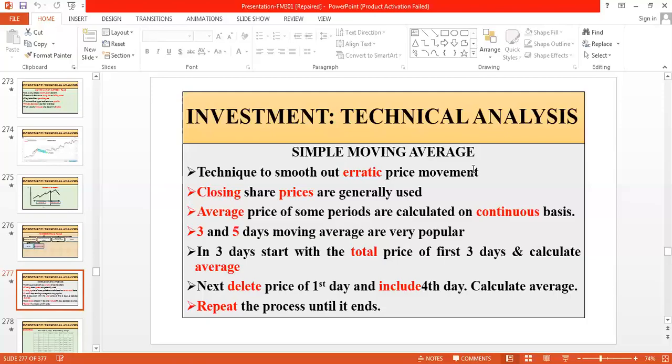That means you will check the price of the second day, third day, and fourth day, then again add and divide by 3. For the fifth day, you remove the first and second day's price. So you will take the third, fourth and fifth day's price, make the total and divide by 3. In this way, your calculation will proceed till the end.